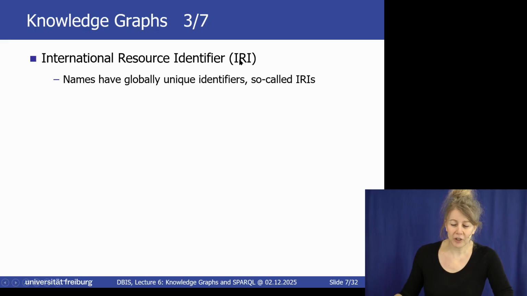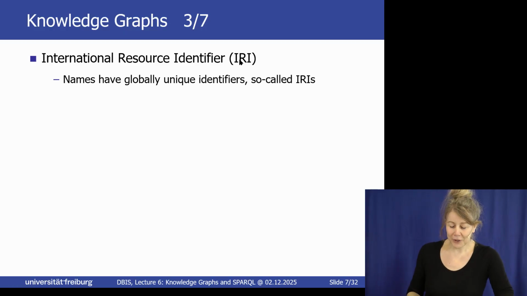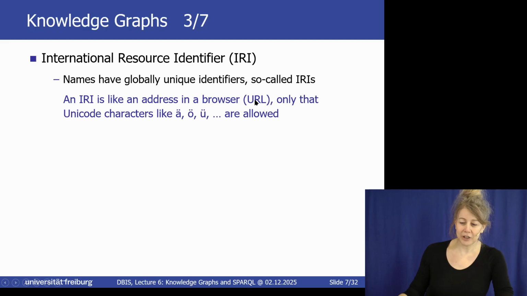This is what you have in the address bar of a web browser, called a URL, a uniform resource locator. So it's just something that's unique for the whole planet. The only difference for an IRI is that you can also have funny characters like umlauts or anything. You are not allowed to have those in a URL, but you can have them in an IRI.